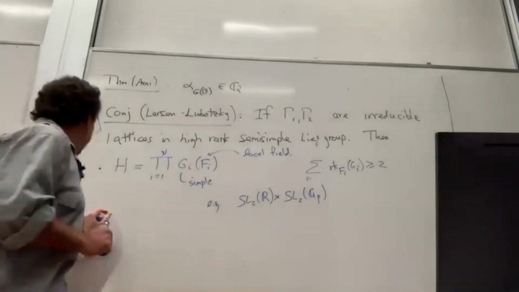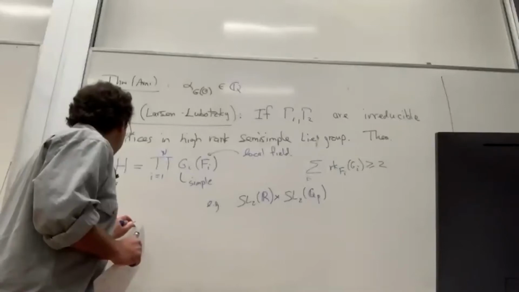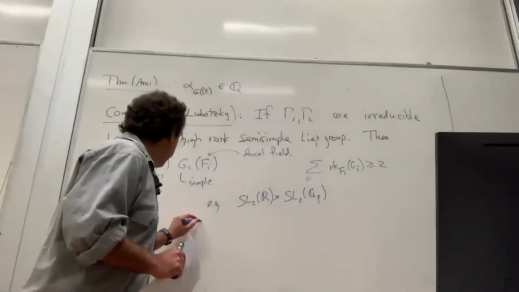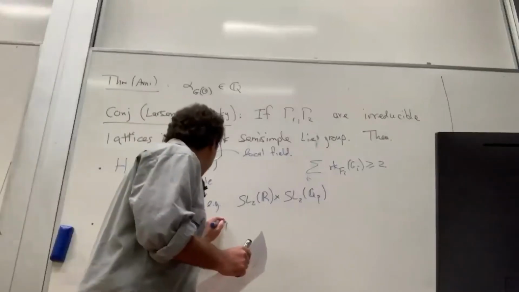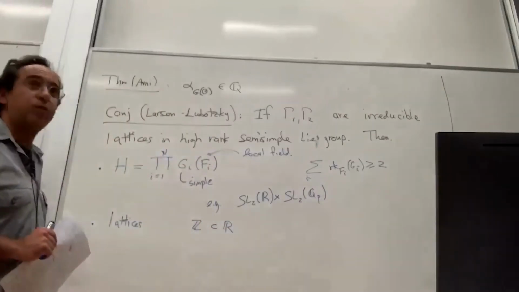So what do I mean by lattices or irreducible lattices? It's a discrete subgroup of finite co-volume. So Z in R is a good example.